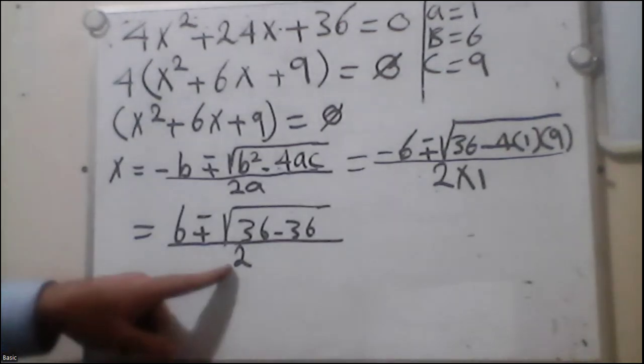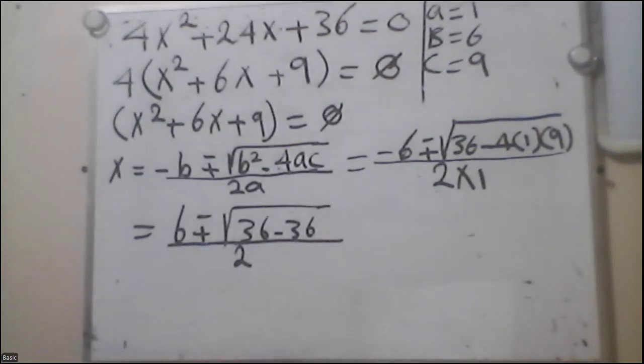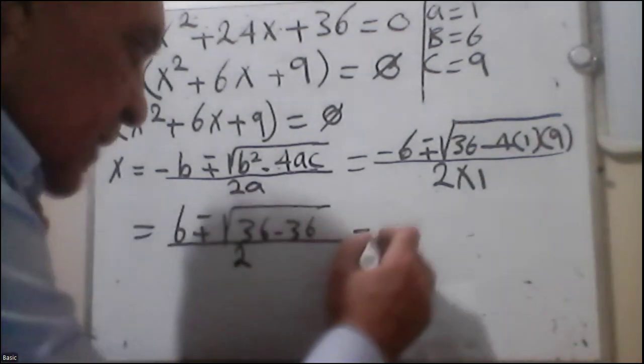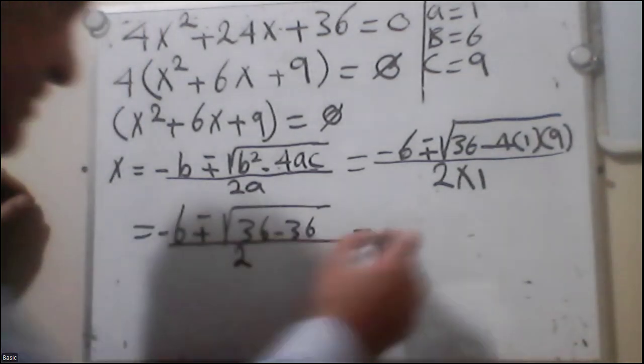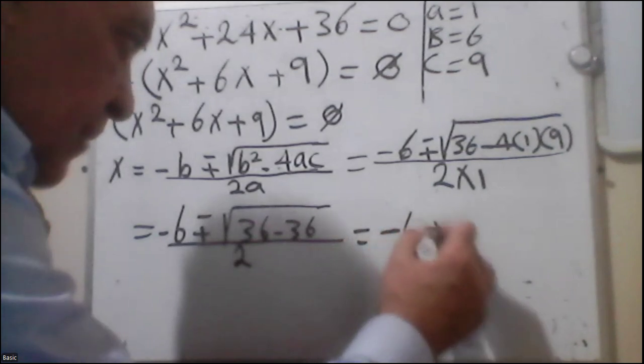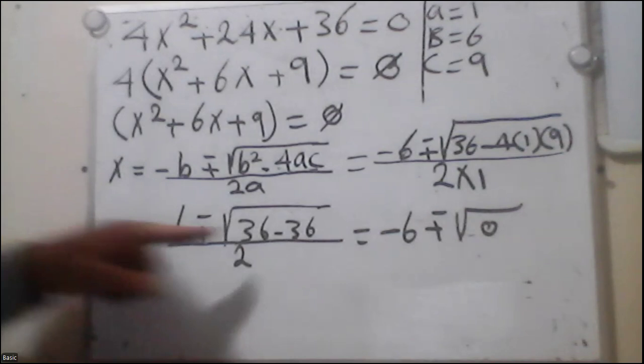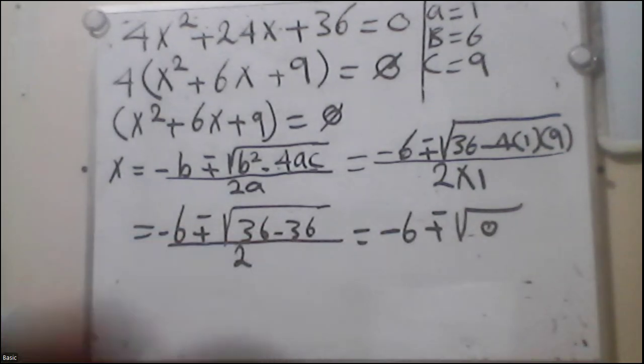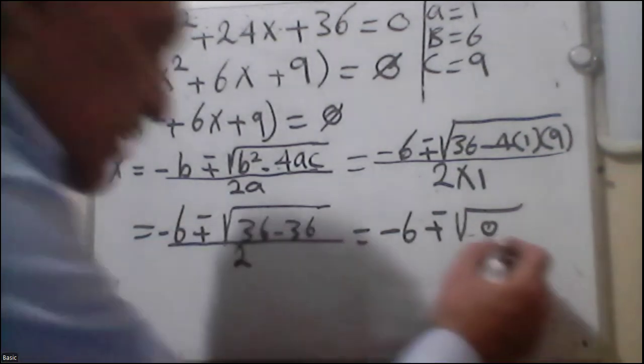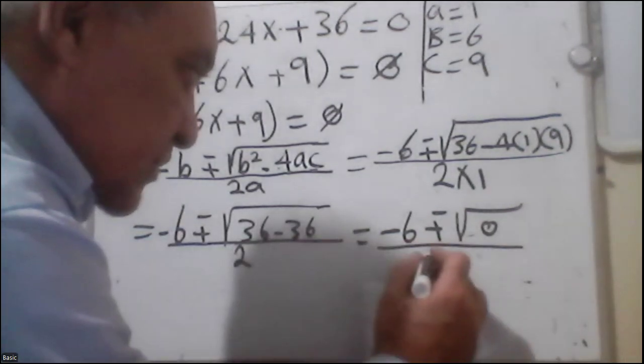Take care that the 2 is not included inside the root. That will equal minus 6 plus or minus the root of 0, because 36 minus 36 gives me 0, divided by 2.